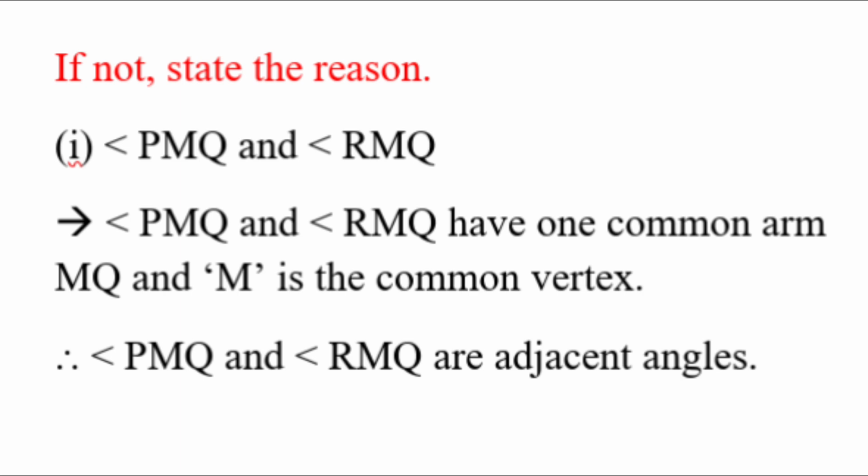The first pair of angles is angle PMQ and angle RMQ, in which MQ is the common arm and M is the common vertex. Therefore this one is the pair of adjacent angles.